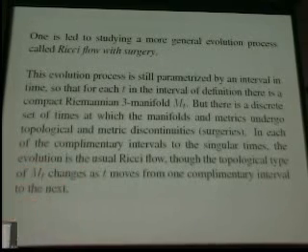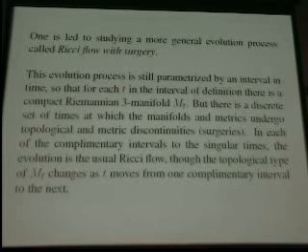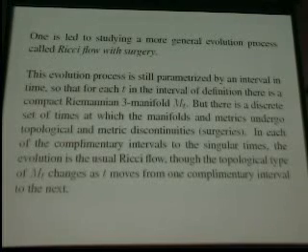Because of this, one is led to start a more general evolution process called Ricci flow with surgery, which is like a generalized solution for Ricci flow. A solution of this sort was first studied by Richard Hamilton in studying 4-manifolds with isotropic positive curvature, with certain positivity on the curvature.